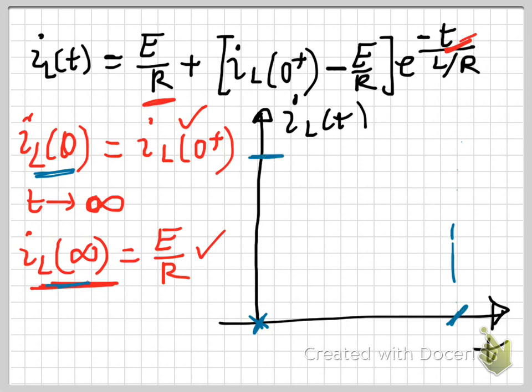On the way you can see that it's an exponential variation, so this is how the graph will look for the current, and this value is E by R. Here we're saying t tends to infinity, but we can approximate, the same as we had for the capacitor.